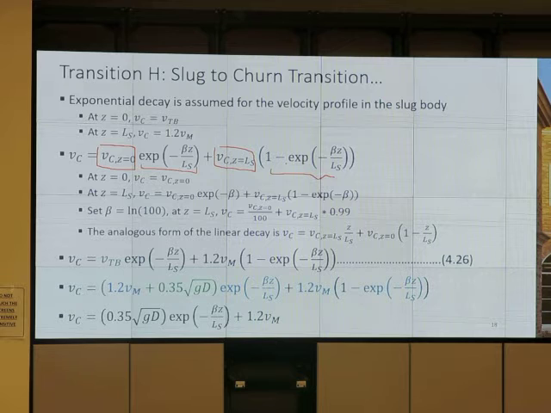The first term is velocity at z equal to 0. The second one is velocity at z equal to Ls. You see something here? It's a weighted average. The velocity at the center line is a weighted average, but we didn't do it linear.